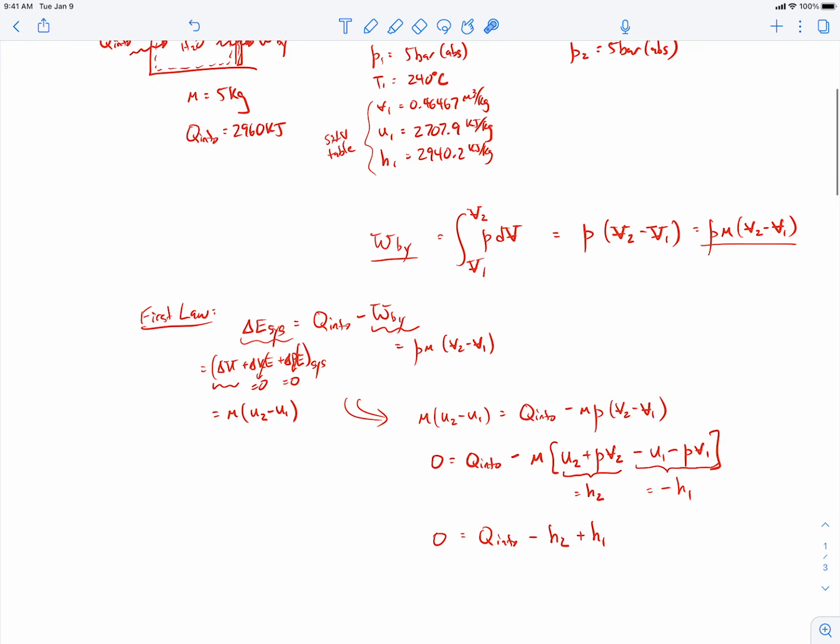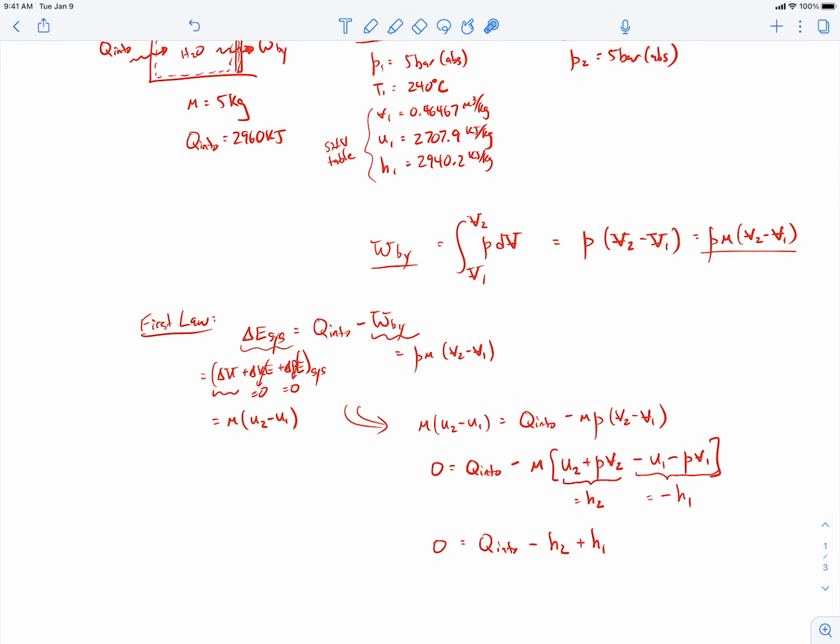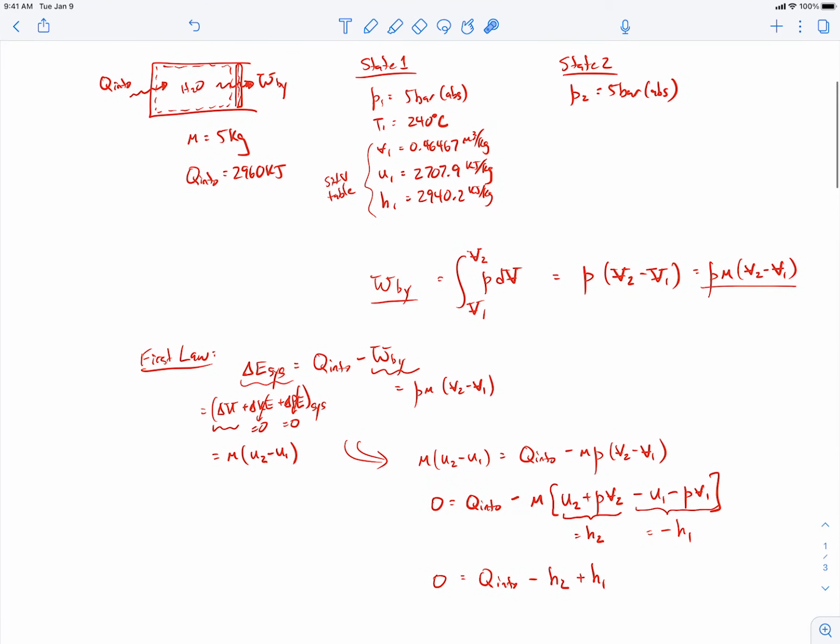And so if I look at that for a moment, I know the Q into, that was given in the problem statement. H1 I found from the superheated vapor tables, so I have that value. So I can now solve for H2, and that would be my second property over at state 2, and I can then determine the other properties there.